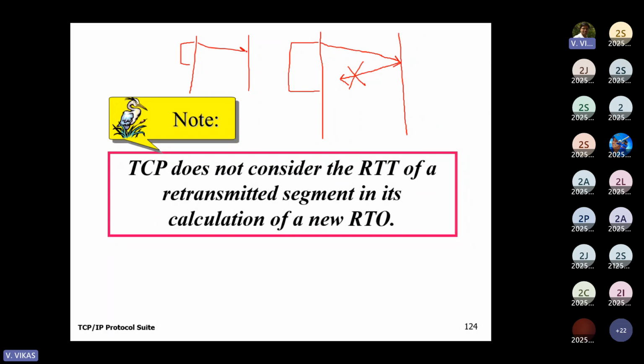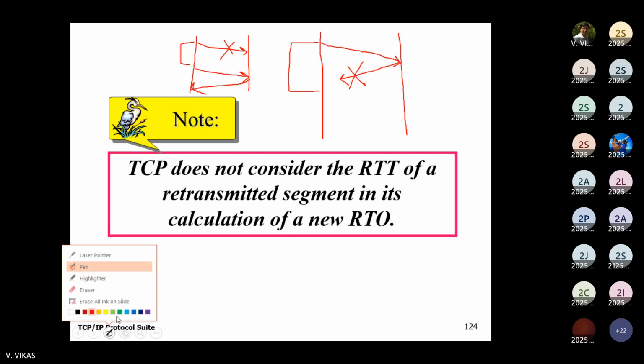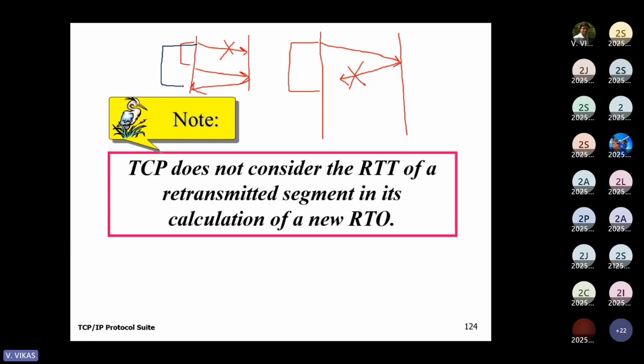I transmit something and it is lost in the middle. After retransmission, I send this again, and again I receive an acknowledgement. So basically RTTM means this will be starting from this point until this point.